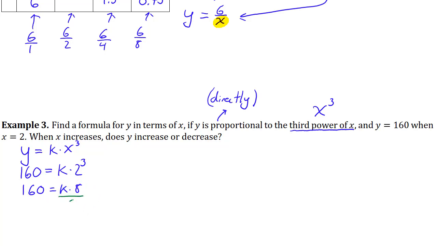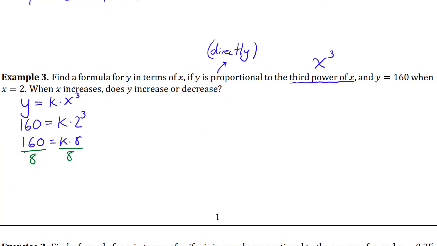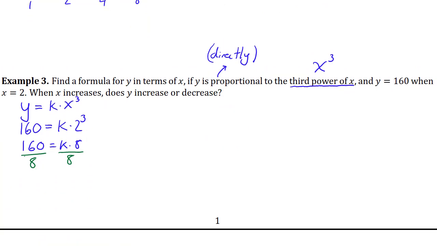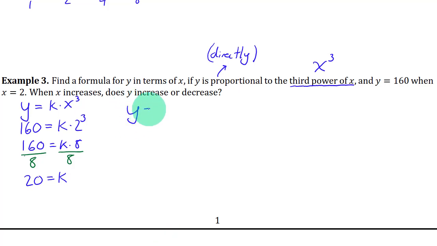You can cancel that out to get k by dividing both sides by 8. And 160 over 8 is 20. So 20 is the value of k that we have. So the formula is going to be y equals 20 times x cubed. And if you want to check that, you can replace the x with 2, and make sure that that gives you a result of y equals 160.